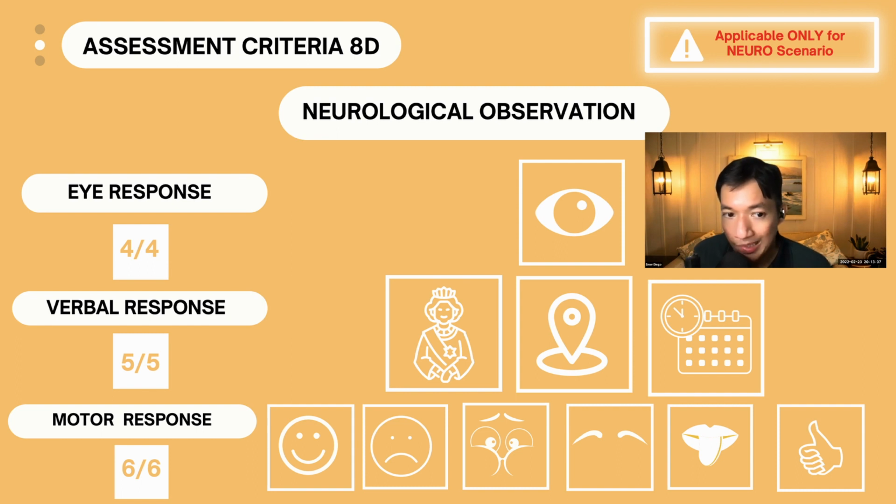For verbal response, you need to identify that the patient is orientated with place, time, and person. For person, you could ask the patient, do you know who am I? Alternatively, you can ask, do you know who you are? Or, do you know who the queen is? Make sure you ask a question which is common knowledge.